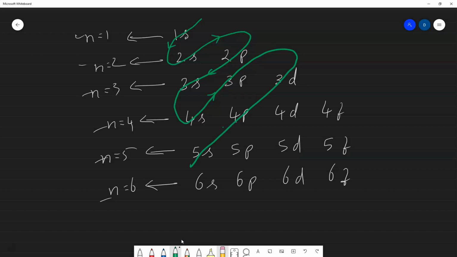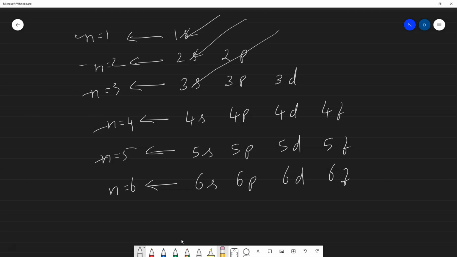It tells you what order you're going to fill: 1s, 2s, 2p, 3s, 4s. Oh, it comes wrong, isn't it? It can't be 4s though. So after 3s, you have to go to 3p. So no, sorry, this may not work. Just do this way. First you fill that, second you fill that, third you fill 2p and 3s, then you fill 3p, 4s, then you fill 3d, 4s thing.